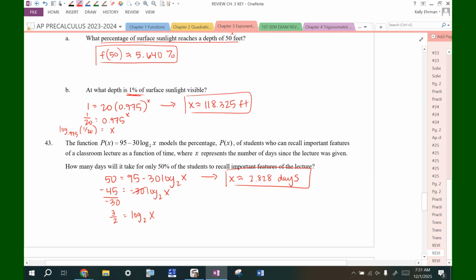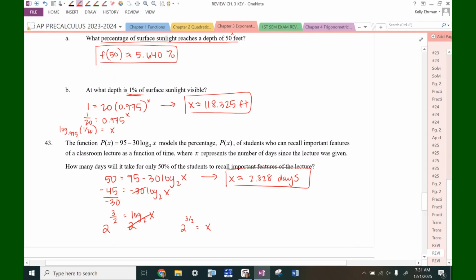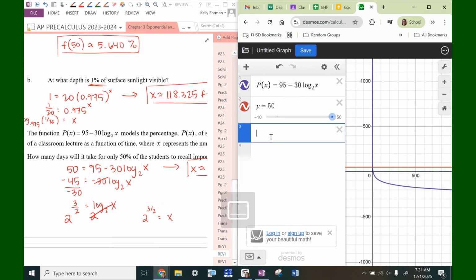How do I do the inverse operation of log base 2? I raise 2 to both sides. So 2 to the 3 halves is equal to x. Let's just double check that that's the same answer that we get. 2 to the 3 halves, yep, is 2.828.